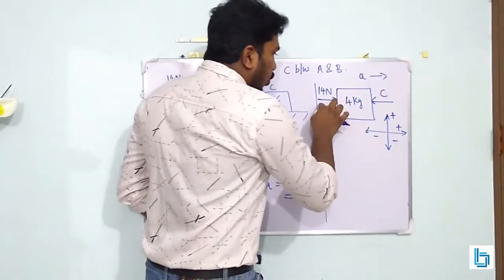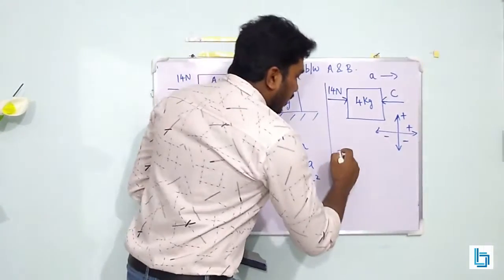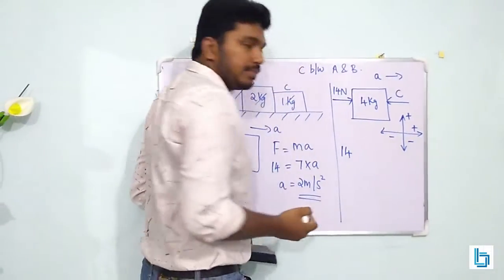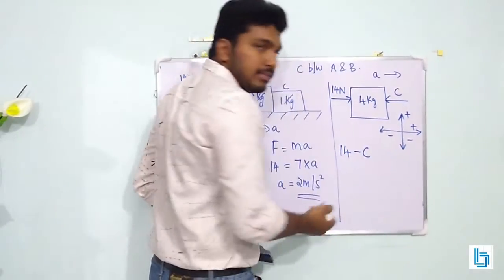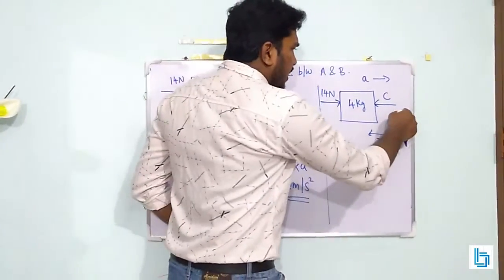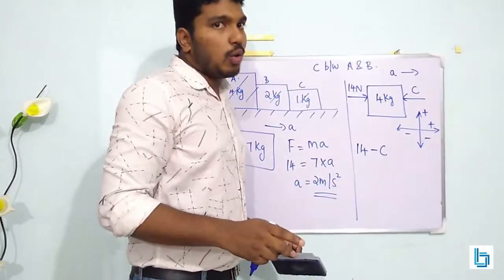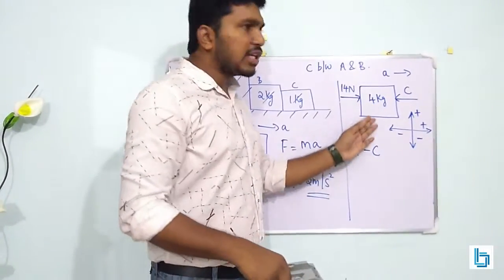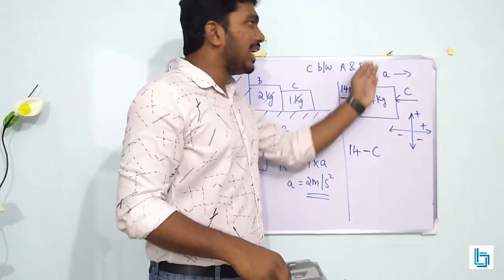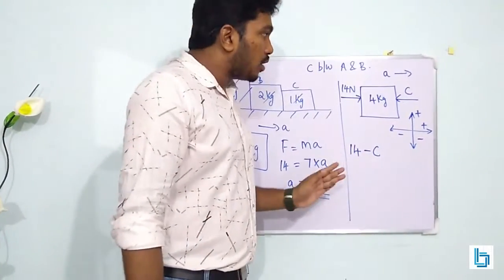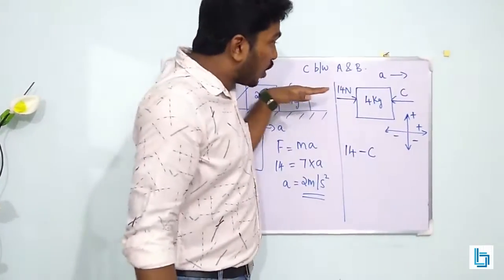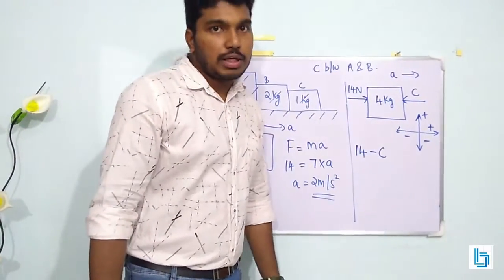As you can see, 14 Newton is towards the right, taking it as positive, 14. C towards the left, so minus C. Any other forces acting along the horizontal? No, right? Mg and normal reaction are there, but those are in the vertical direction. We don't have to write that equation in this question because C is the horizontal force which we have to find out here.